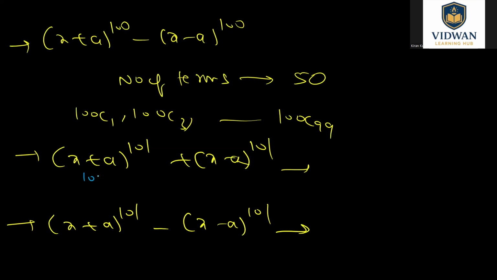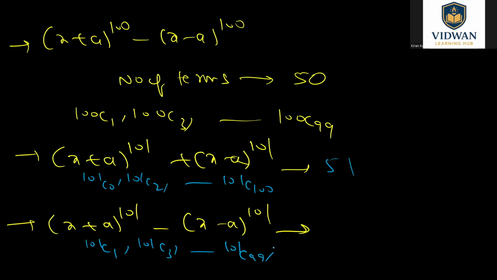In addition, you'll have terms like 101C0, 101C2, even terms would be there, up to 101C100. So 0 to 100 means again 51 only. And here you'll have 101C1, odd terms, 101C3. Earlier it was ending at 99, but here you'll have 101 also. So in this case, the answer will be again 51 because 101C101 is also there. The answer is the same for both. In even power, it is different; in odd power, it is the same.